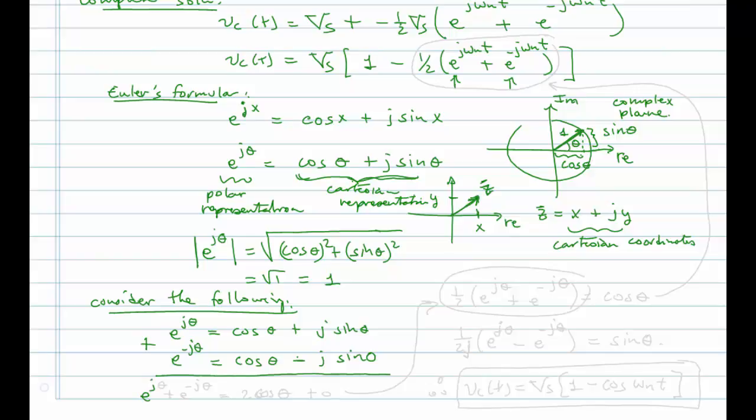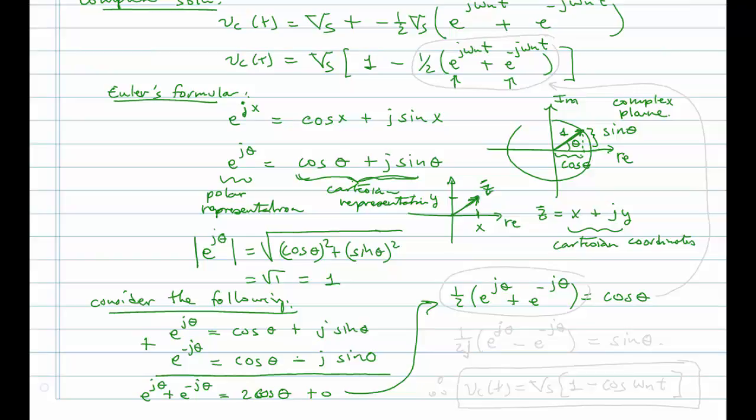Here I would have e to the j theta plus e to the minus j theta, and over here I get 2 cosine theta, and then the signs cancel out. So I can write that 1/2 of e to the j theta plus e to the minus j theta is equal to cosine theta. Well, that's interesting.